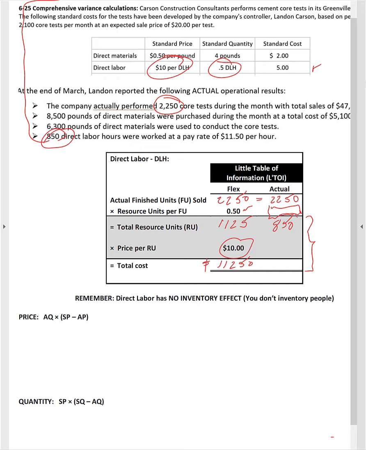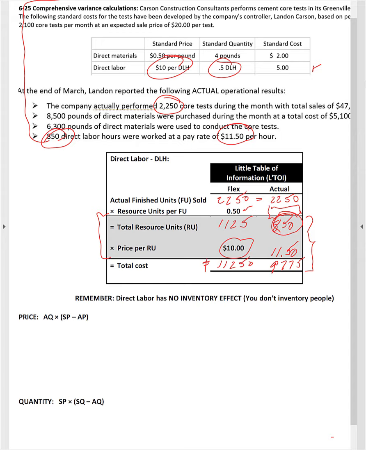Here you didn't have to worry about that multiplication. And then the pay rate was 11.50, and as a result, you got a total of 9,775.